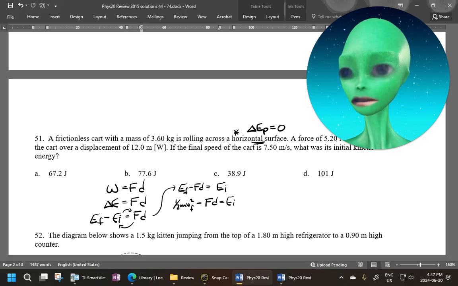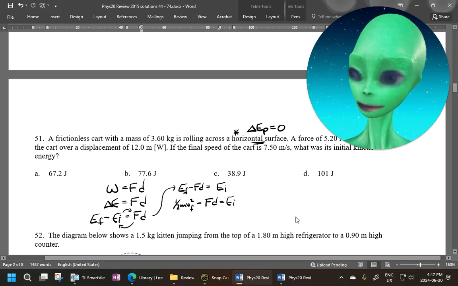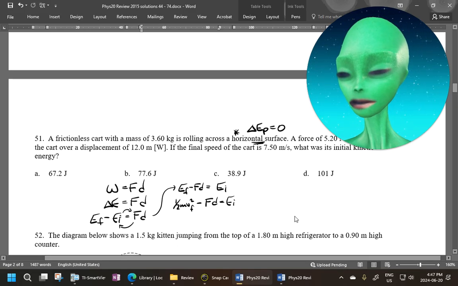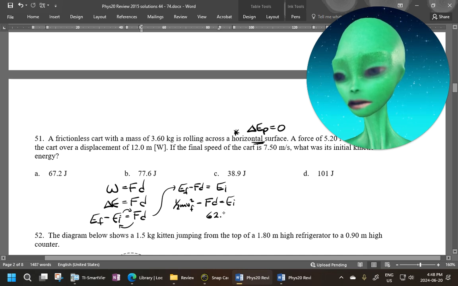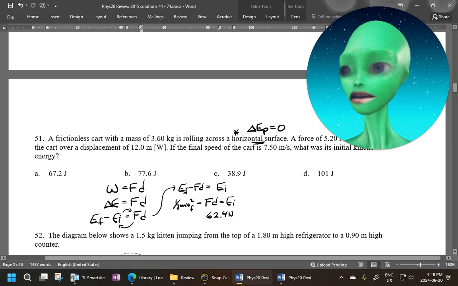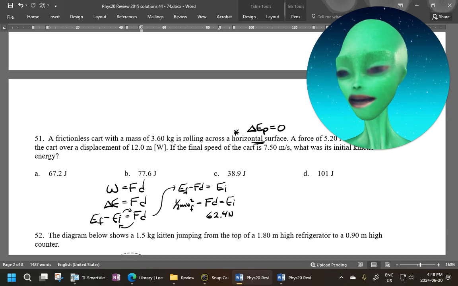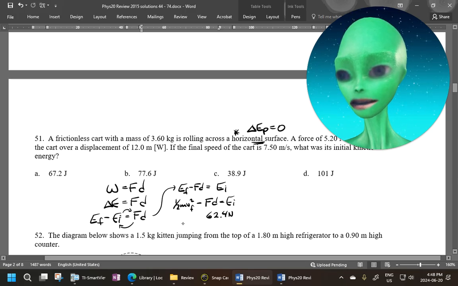So force, is that 5.2? Yeah, 5.2 newtons times 12. So I get 62.4 newtons. 1/2 times the mass times the speed squared. This is for my final velocity here.